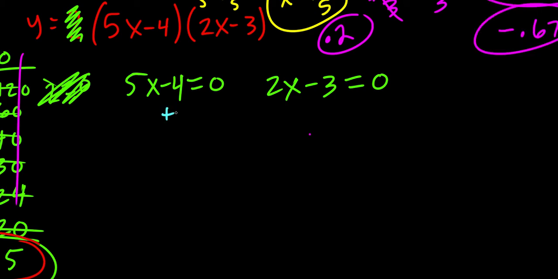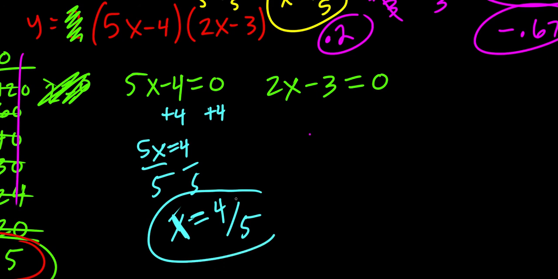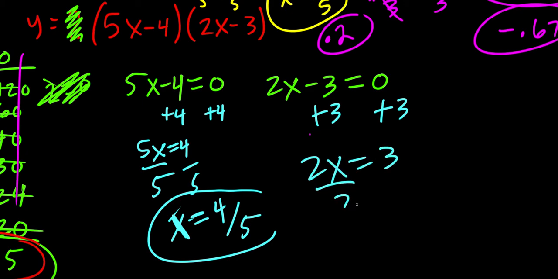We add 4, we get 5x equals 4, and then divide by 5. So x equals 4/5. Then over here we add 3, and then we divide by 2, and x equals 3/2.